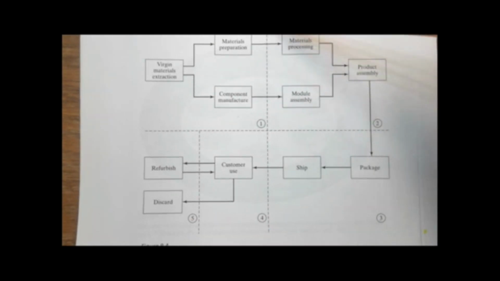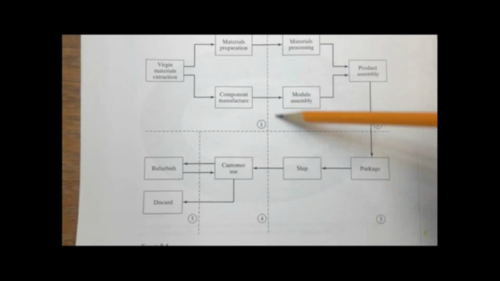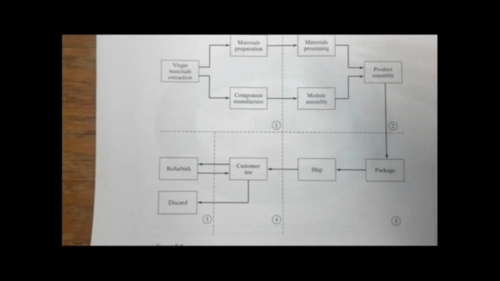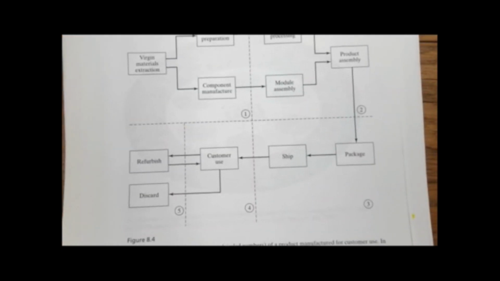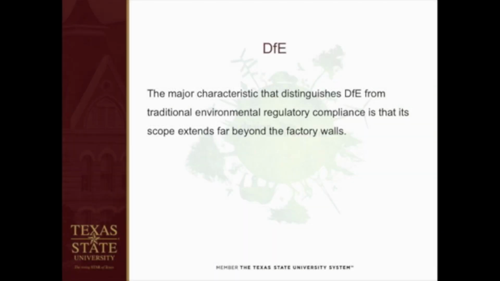In the past, environmental compliance was focused only within the factory walls, from when we started doing module assembly, processing some materials, and then slapping them all together as you would in a typical automotive assembly line. We didn't bother about what happened before. We didn't bother about what happened after the product left the factory walls and went on to packaging, shipping, and then use.